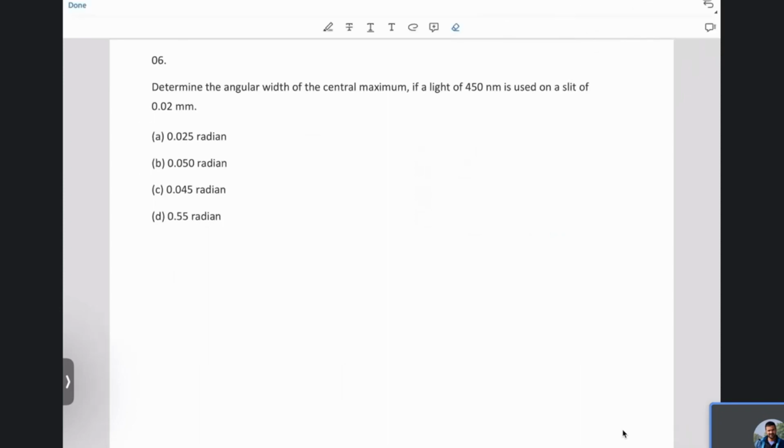So here again same type of problem. Here we have to determine the angular width of the central maxima, and wavelength is given 450 nanometer, and slit width is given 0.02 millimeter. So like we discussed, what is theta? Lambda by d. But it is not the angular width of the central maxima.